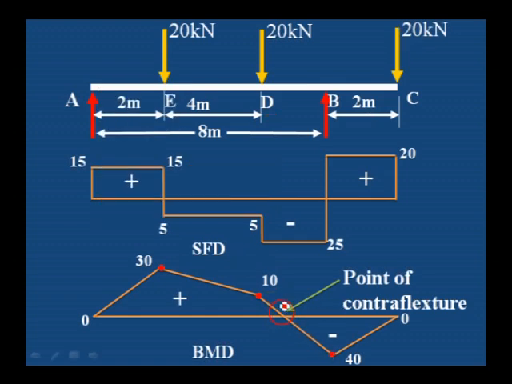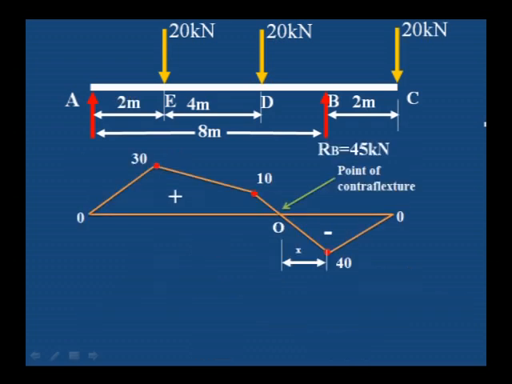Sometimes in problems you have to locate the point of contraflexure. Let us see how to locate it. This is the point of contraflexure, and we can take a distance x from the B point, where the bending moment changes its sign.